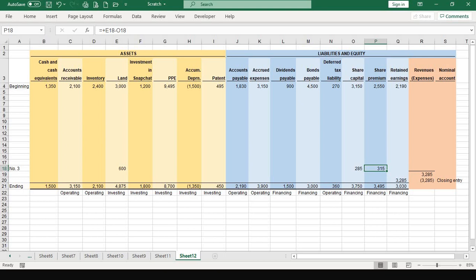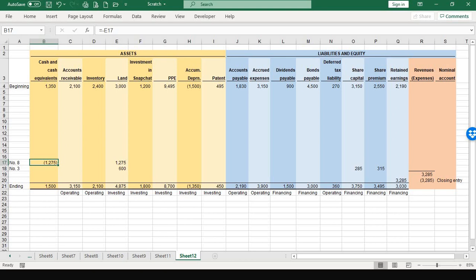Next is the additional data number 8. The transaction is purchase of land for cash for 1,275. So the debit is land for 1,275, and for the same amount, the cash account is credited.